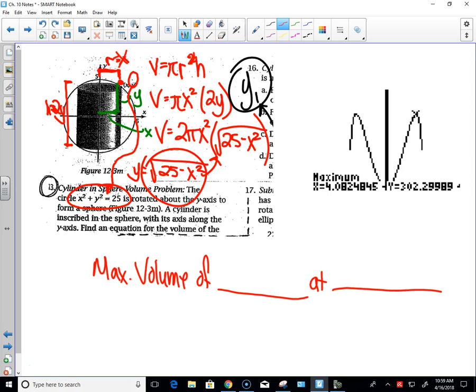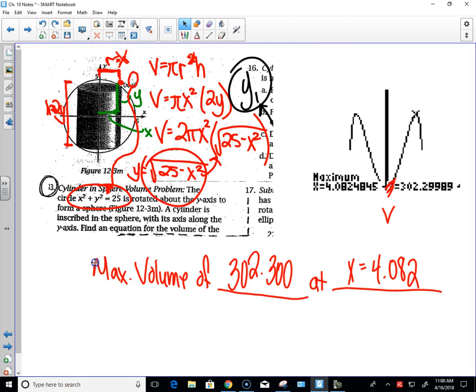Remember, we made y1 the volume, so we actually have to think about this being V. So it's a maximum volume of 302.299, about 300. You agree with what you found? And that's going to be at, or when, x equals 4.082. And I think the question asked for the x first and then the volume.